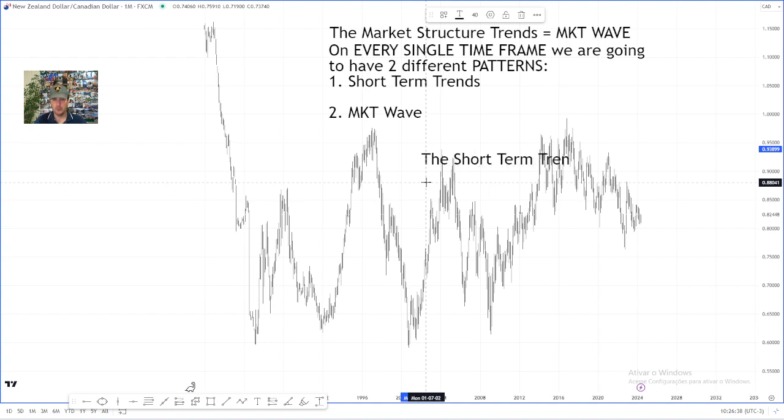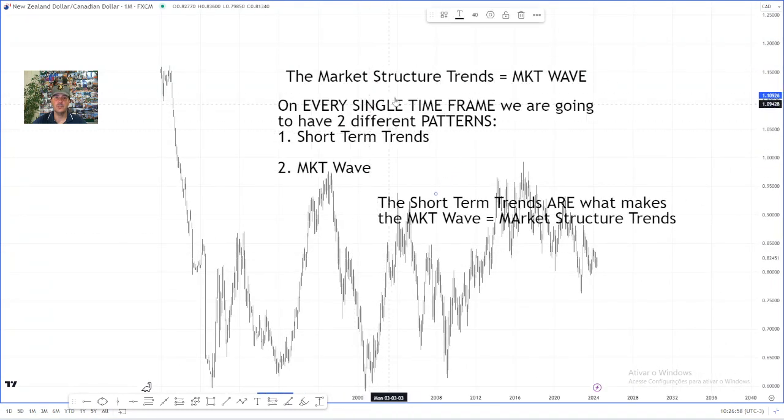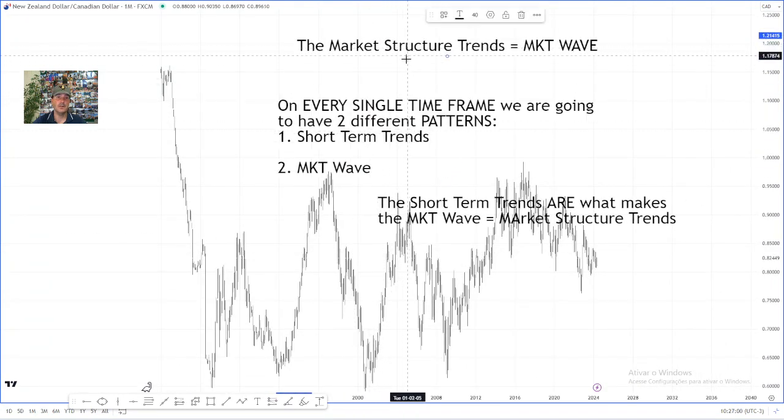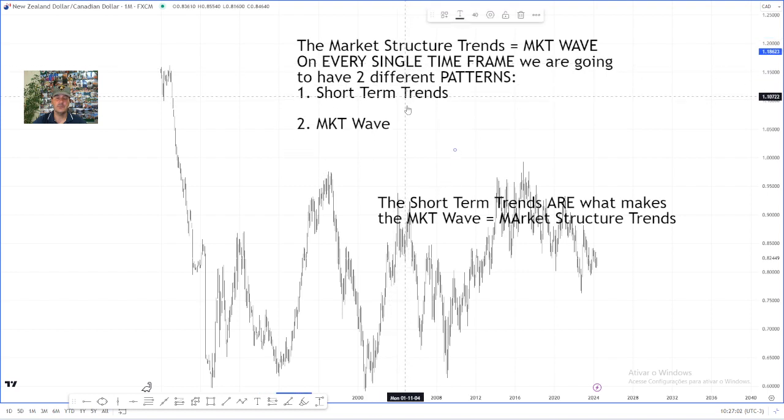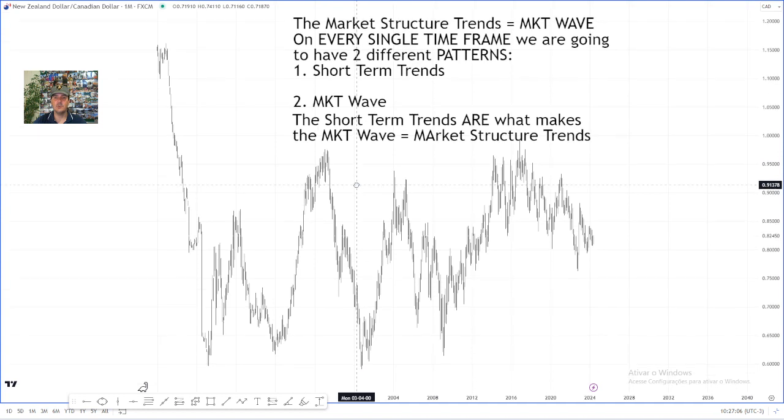The short-term trends are what makes the market wave, also called market structure trends. It's my suggestion for you to use the term market wave, just a suggestion, not a rule, because many times we talk about market structure.